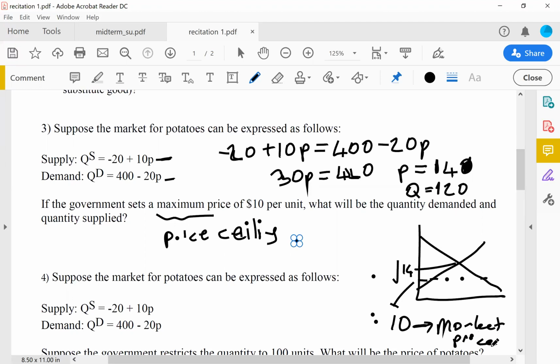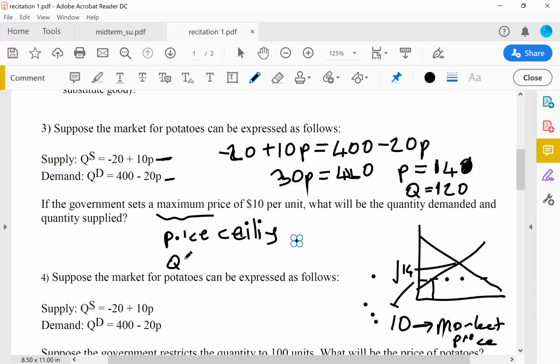So what will be the market quantity, the transaction quantity? Should I look at the intersection with the demand or with the supply? I should look at the intersection with the supply, so this is the binding part. I will put this 10 into the supply function.